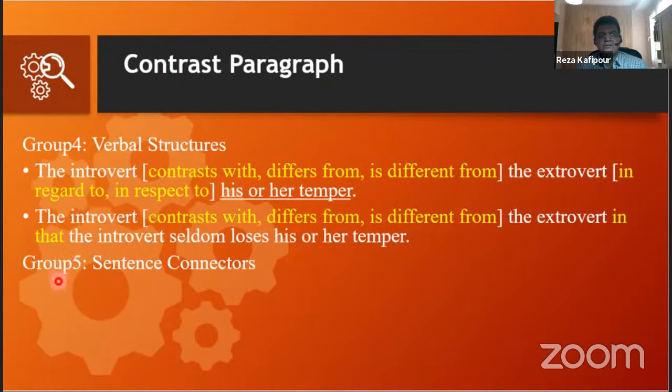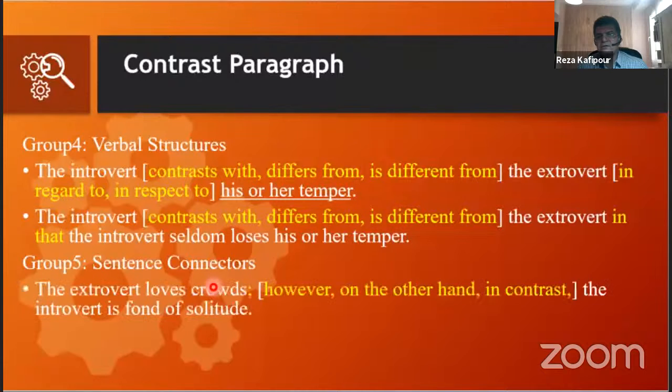So the fifth group is the use of sentence connectors for paragraphs of contrast. Sentence connectors for paragraphs of contrast include however, on the other hand, in contrast. These are three academically acceptable sentence connectors for paragraphs of contrast.